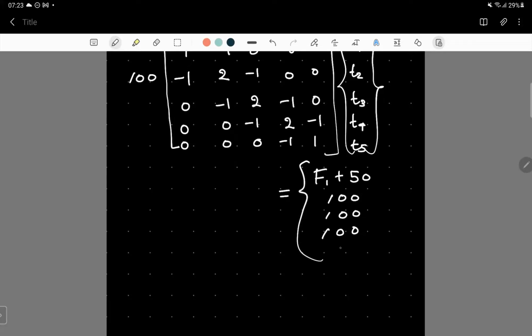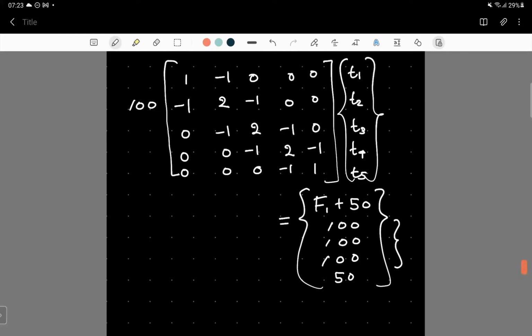Because these are intermediate nodes, there will be contributions from either side, which get summed up. Of course, for the last element, it is only one surface, so there will be only 50 watts for that force element. And of course, for the first surface, there will be an additional term appearing due to the set constant temperature. Right.